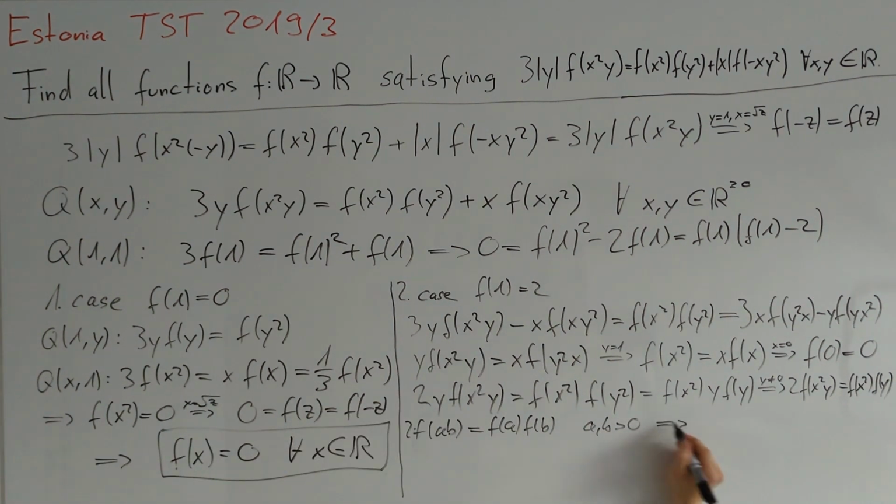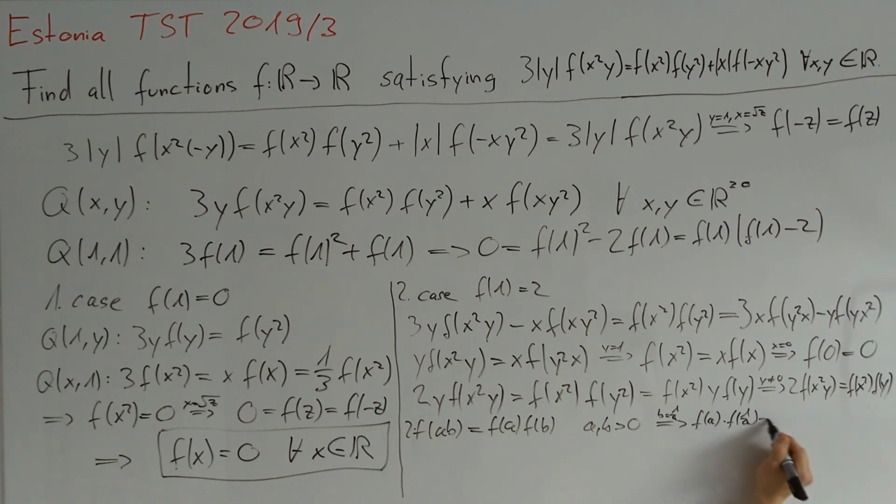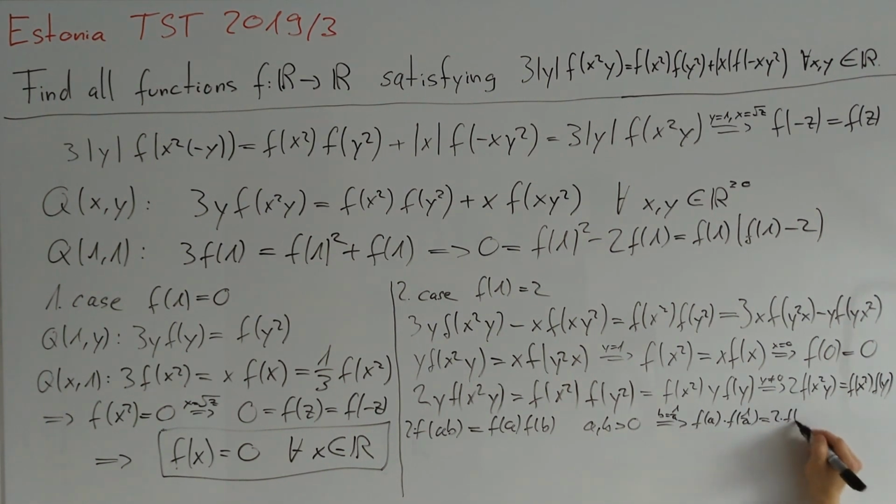b equals 1 over a then implies that f of a times f of 1 over a is equal to 2 times f of 1, which is not equal to 0, and therefore f of a is not equal to 0.